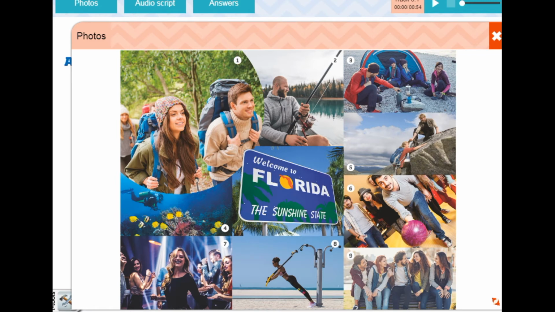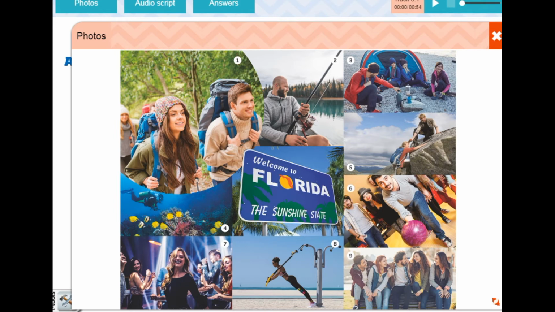Okay, number six, people here are bowling. So they are going bowling. Number seven, we can see people going to a nightclub to dance. So you can say go clubbing. Alright?